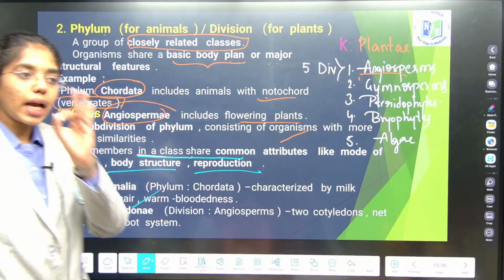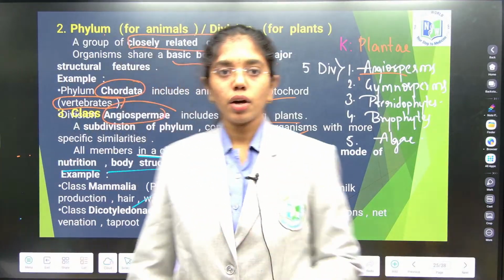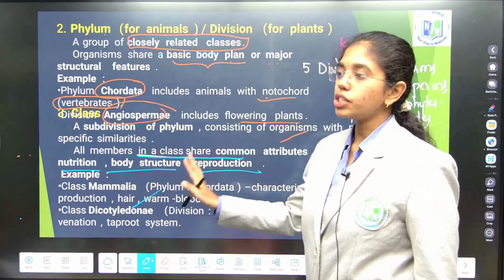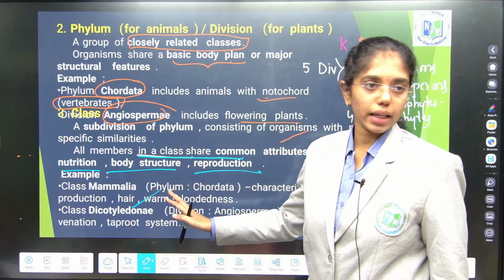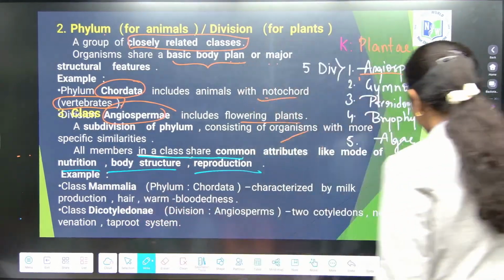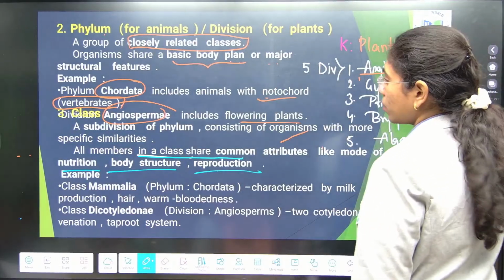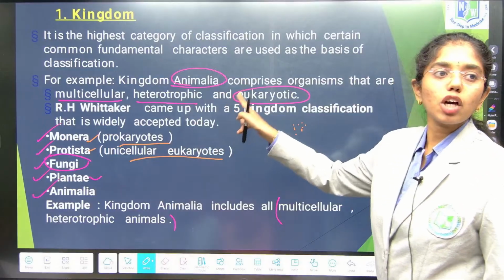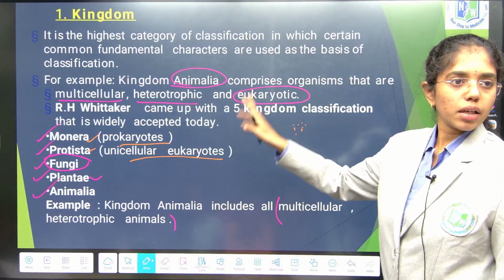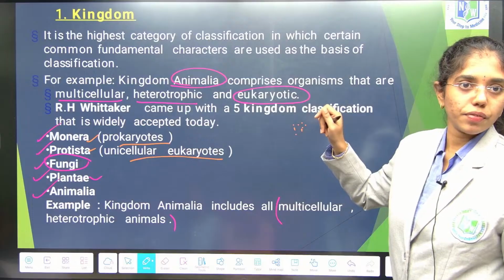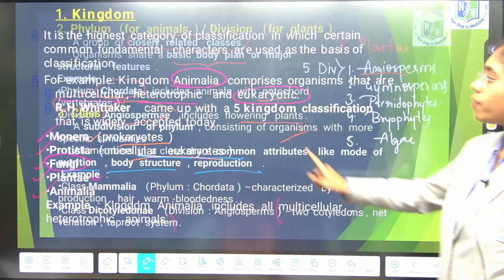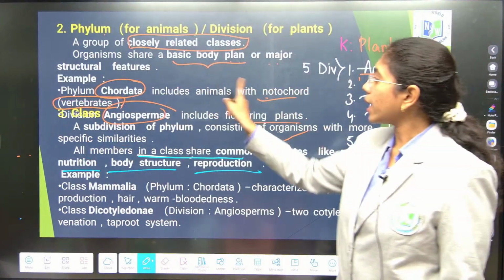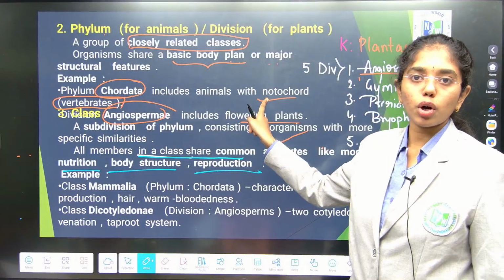In every category you have to remember what are the features that are shared amongst that particular category. If you see the kingdom, it includes all the basic common features which are present in all the organisms in that specific kingdom. Next, phylum or division: Chordata includes those organisms with notochord.